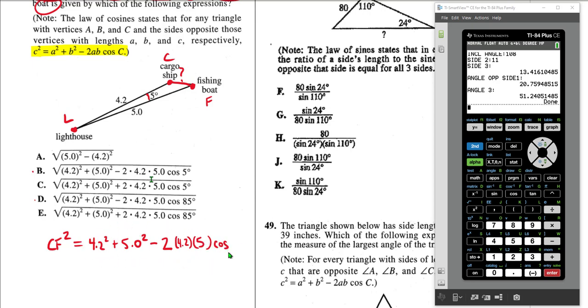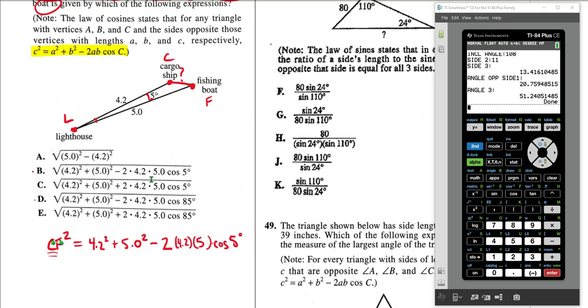Now here's where we have to multiply by the cosine of the angle that is opposite the side that we need, the side that's on the left-hand side of this equation. That angle is this tiny little angle here, which remember in the question they told us was 5 degrees.